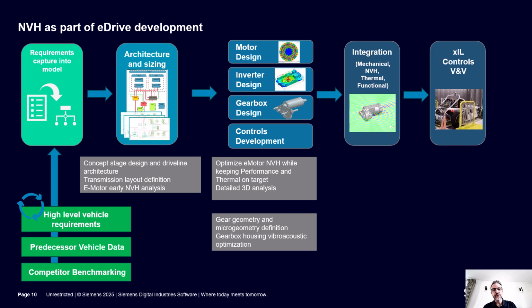For the gears, especially the gear geometry and microgeometry are being defined, and we are also looking, for instance, at the gearbox housing, how to make sure that it is not going to create a high noise level or amplify the excitations into high noise levels.